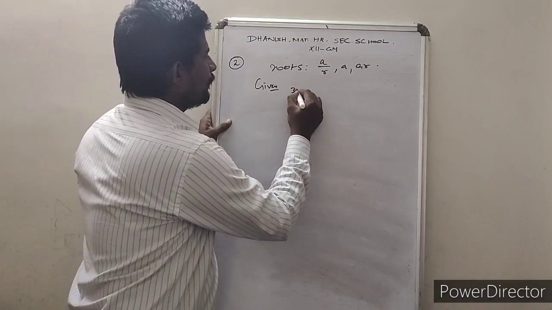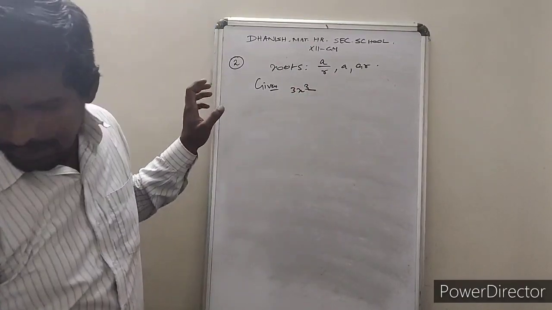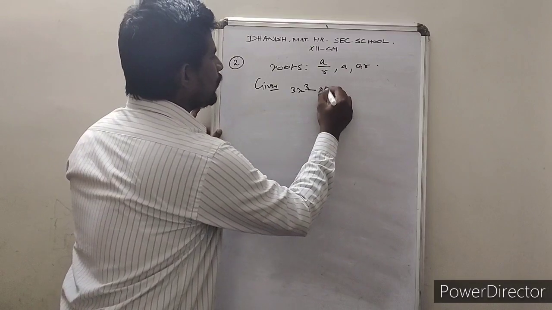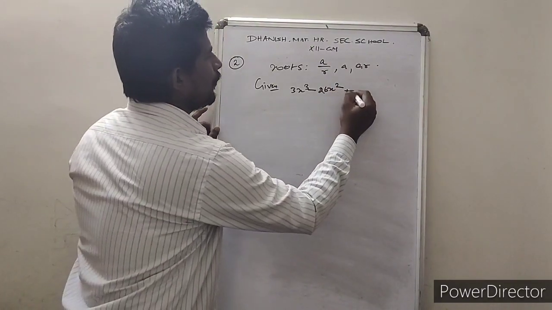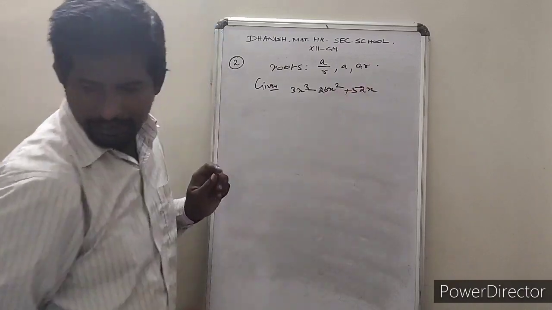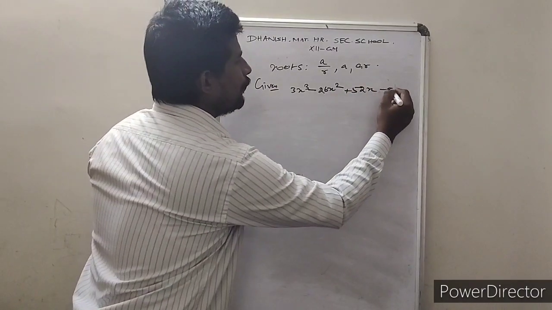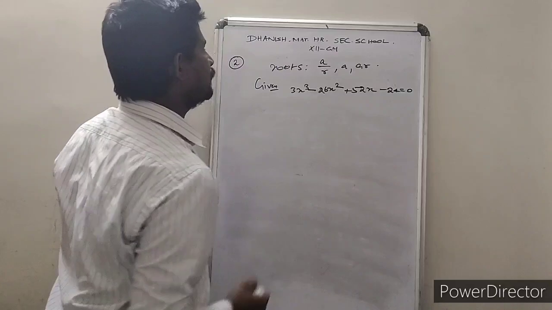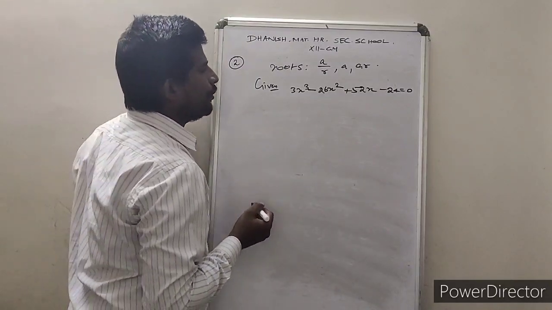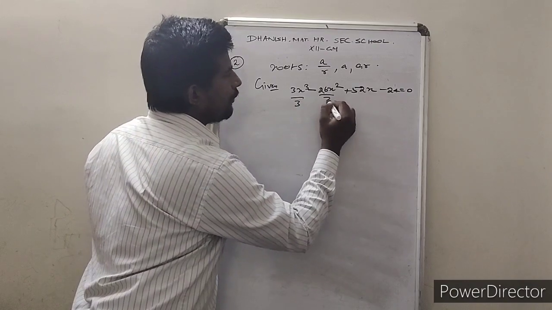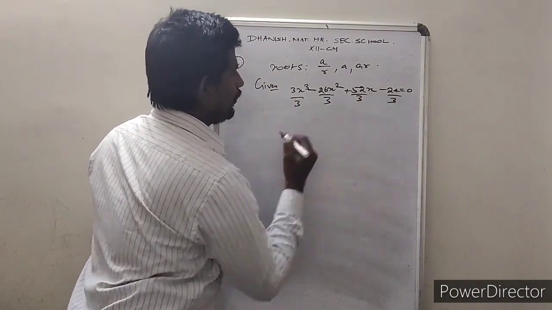First we write the given equation: 3x cube minus 26x square plus 52x minus 24 equal to 0. Now I'm going to divide this equation by the coefficient of x cube, so divide everything by 3.